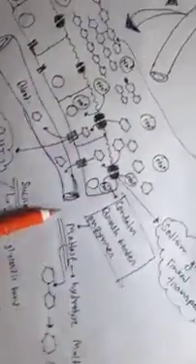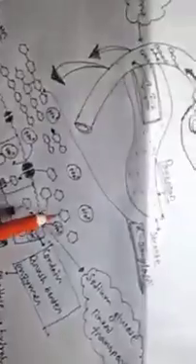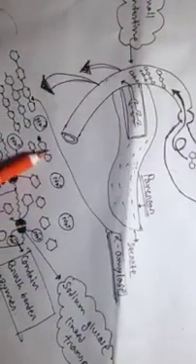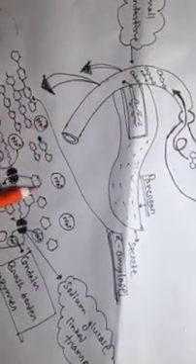Another brush border enzyme, sucrase, also breaks down the alpha 1,4 glycosidic bonds and alpha 1,6 glycosidic bonds. So at the end, all the starch is converted into glucose molecules.